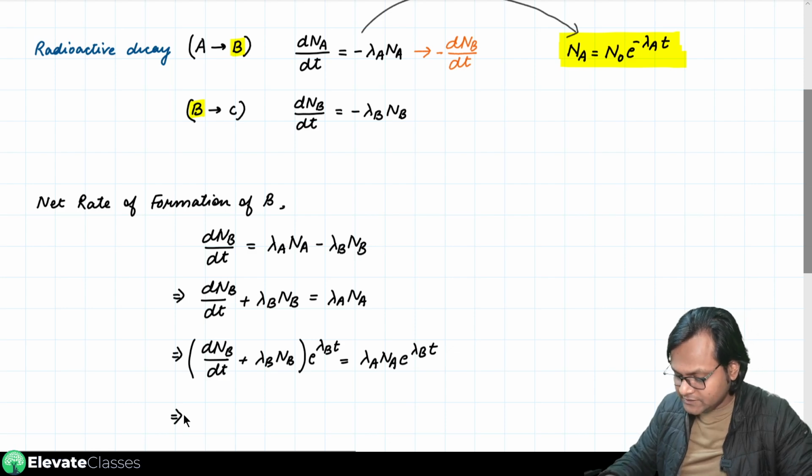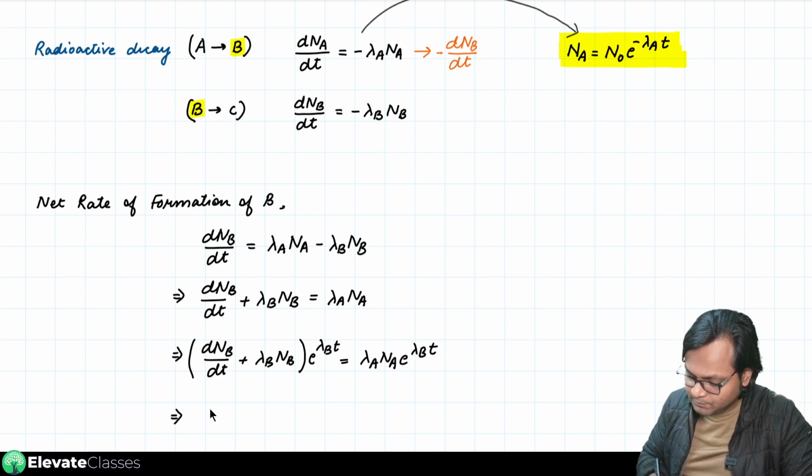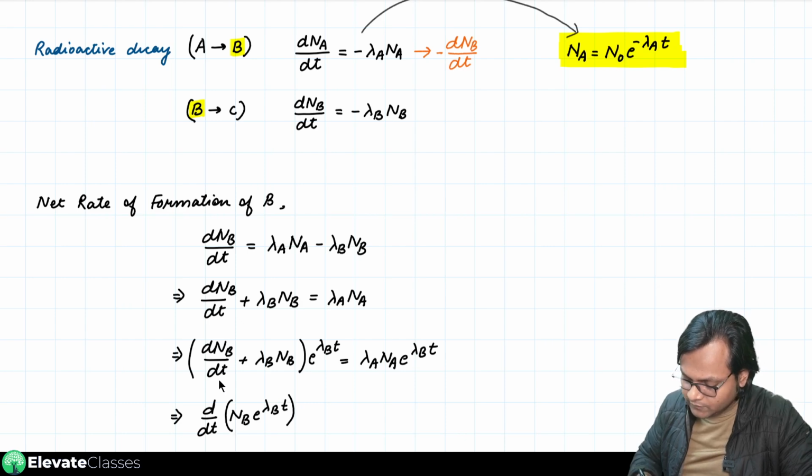If you look at the left hand side, it can simply be written as the time derivative of the product of NB and e to the power lambda B t. If you look at it carefully, the first expression is e to the power lambda B t times dNB upon dt, and the second expression is NB lambda B e to the power lambda B t.